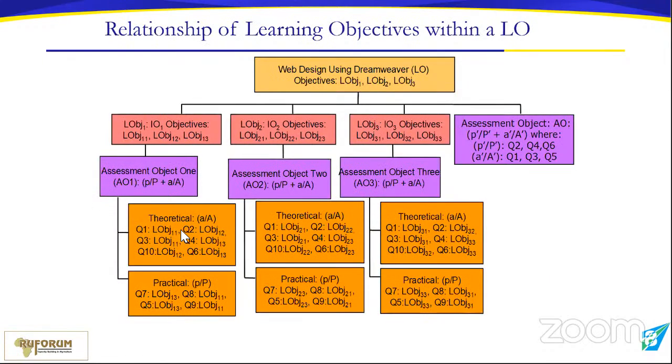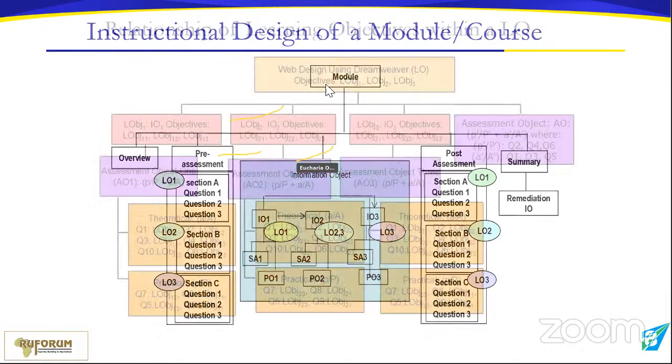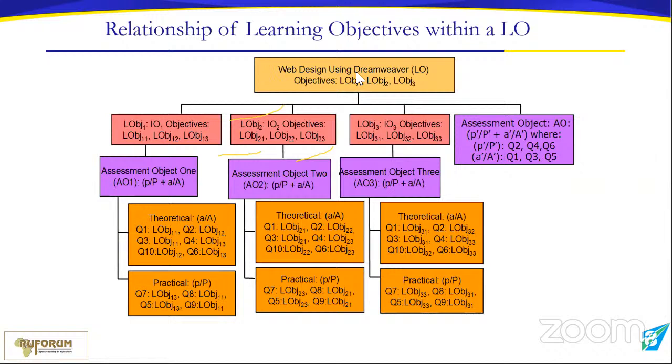So what are the relationships of learning objects within a learning object? For example, if you're having a learning module called web design using Dreamweaver, then you can have a number of learning objectives.